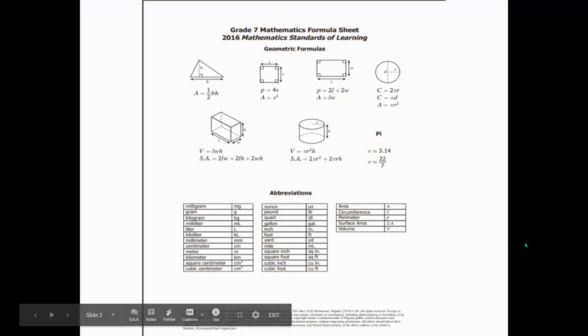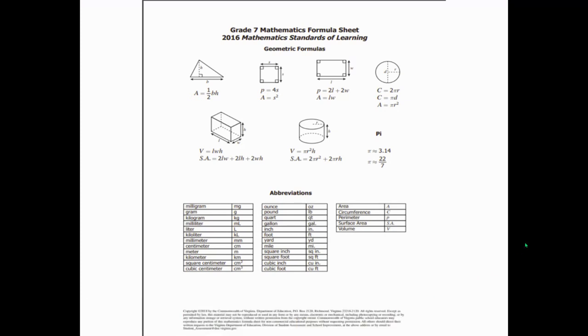Right here, you have a formula sheet that gives you the formula for the area of a triangle, perimeter and area of a square, perimeter and area of a rectangle, circumference, which is just like perimeter, two ways, one with radius, one with diameter, and the area of a circle.